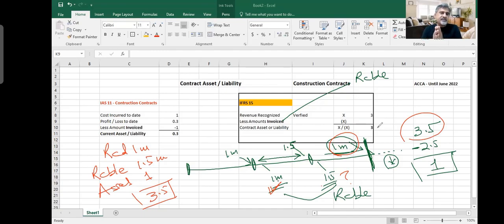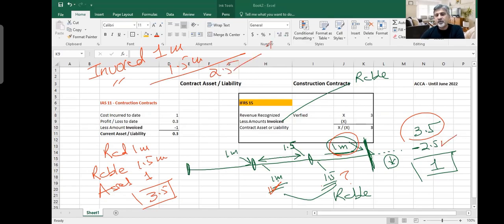Receivable is the thing which I have already invoiced and am waiting for. Contract asset is that which I have not yet invoiced. So I invoiced first 1 million, then I invoiced again 1.5 million, so I invoiced 2.5 million in total. Out of this 2.5, 1 million cash I received and 1.5 million is still my receivable.